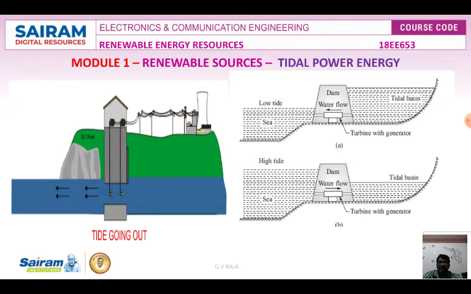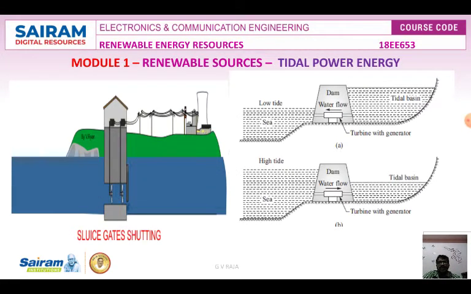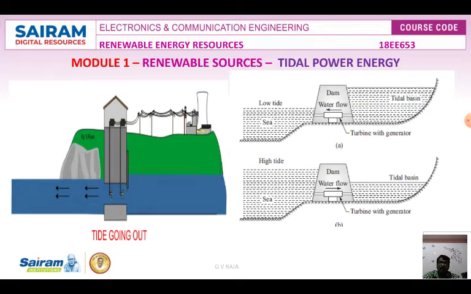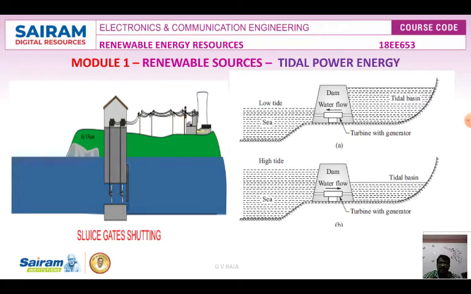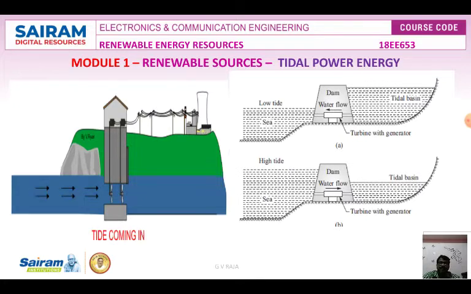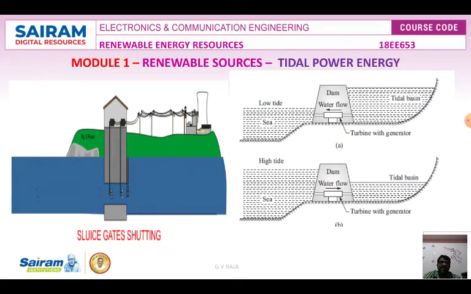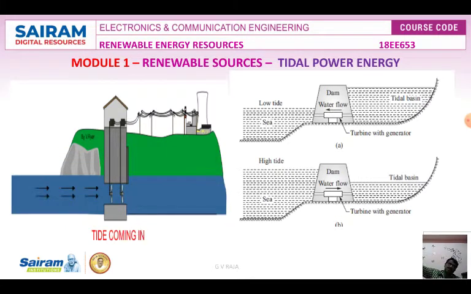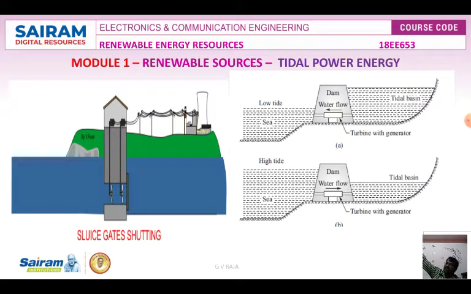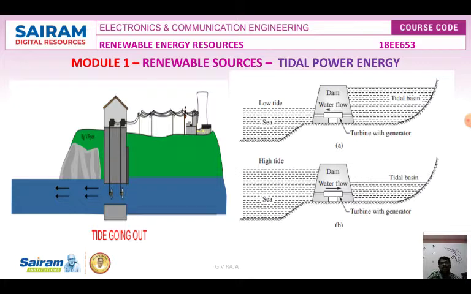So what are the advantages and limitations? In the sense, it is free from pollution. Water is an inexhaustible source which cannot be completely used up. The site of the plant we can consider as a dam, like a hydropower station. In a hydropower station, the water is in the reservoir, and whenever the gate is opened, the water will flow through the channel to the turbine.